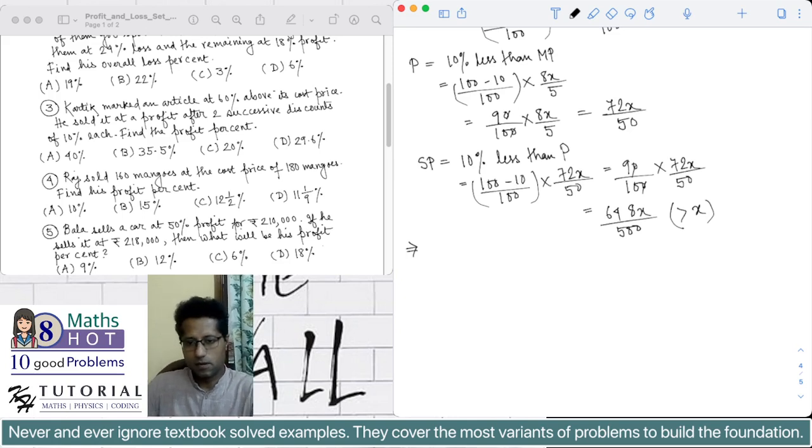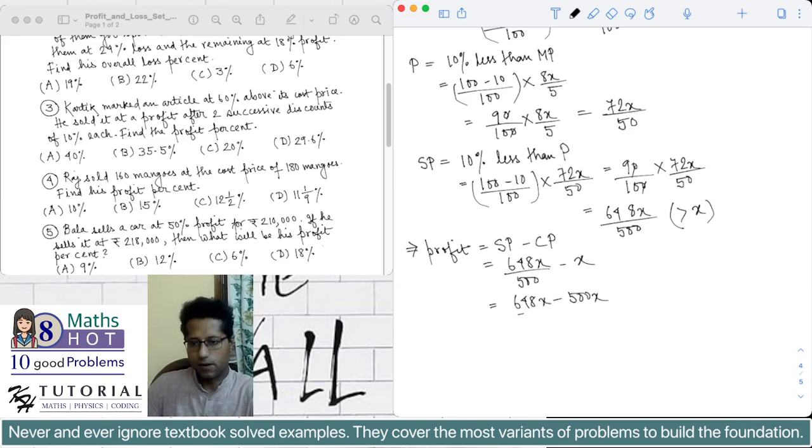So this implies profit is equal to selling price minus cost price, which is equal to 648X by 500 minus X. This is equal to (648X minus 500X) divided by 500. This is equal to 148X divided by 500.